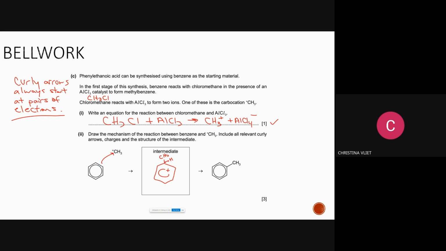Technically, though, we know that the reason that happens is because this takes the hydrogen, and then those 2 electrons come down. And I saw some of you included that part, that it was actually the AlCl4, those 2 electrons on the chlorine, grabbed the hydrogen, restored that, and then you get the restoration of the ring here. But at minimum, as long as you drew that 1 arrow from the pair of electrons and hydrogen down, they'll give you the mark for that.